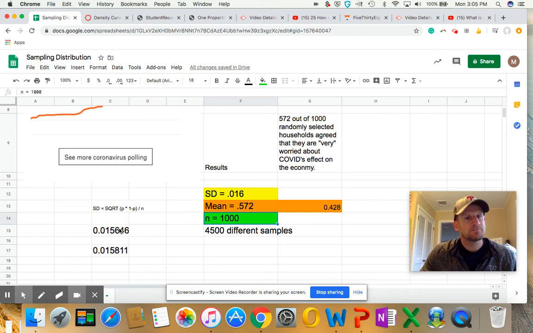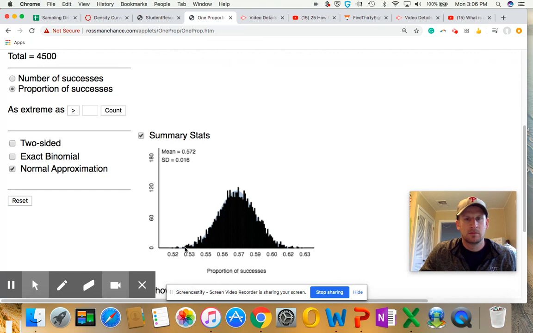So now that I have this standard deviation, let's go back to our curve here. Now I have these sample statistics. I can use them to answer questions like, what's the probability I get a sample that answered greater than 60% to this question?